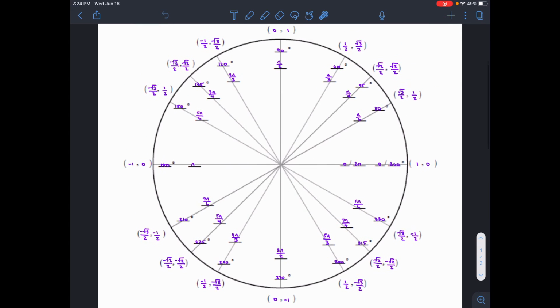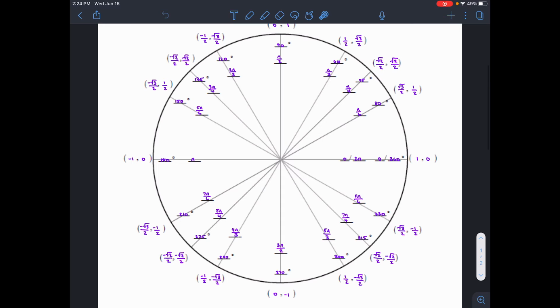Next is the coordinates. We can think of this like the coordinate plane, so the y-axis here, x-axis here. If this is the origin, we know the unit is 1. So this is 1, this is 1, this is 1, and this is 1. To get from the origin to here, we would go over 1 and up 0.